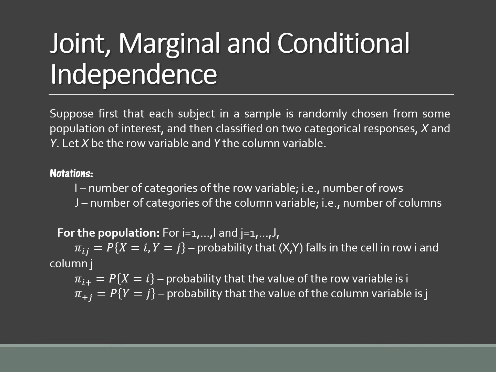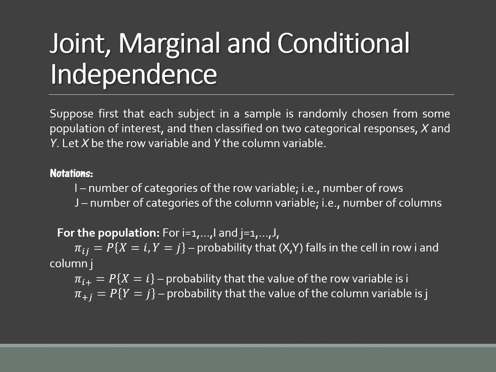Now, for the notation on the side of the population, we have i being equal to 1, 2, 3, 4 up to capital I, and j being equal to 1, 2, 3 up to capital J. So for pi ij, we could take on values from 1 up to capital I for small i, and 1 up to capital J for small j.